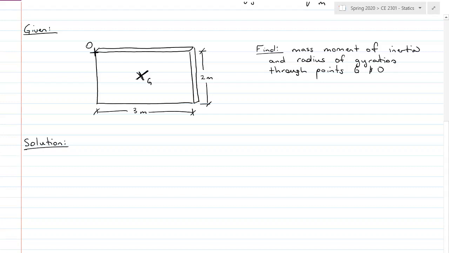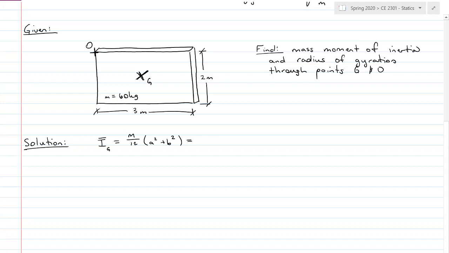Solution. On our properties of solids page, we see that the mass moment of inertia about the mass center G for a plate is m divided by 12 times a squared plus b squared. So for us, lack of information because I didn't give you the mass of the plate, mass is equal to 60 kilograms.